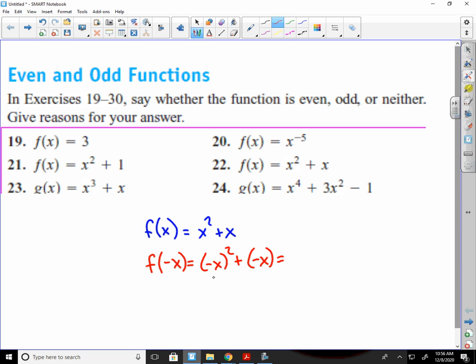What does that do to the negative? Good, it makes it positive. So that's just x squared now, plus a negative keeps it negative. So now it's x squared minus x. Is this one the same as the original? No, so it's not even.